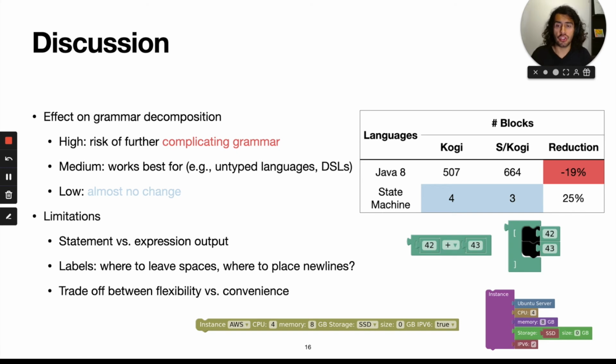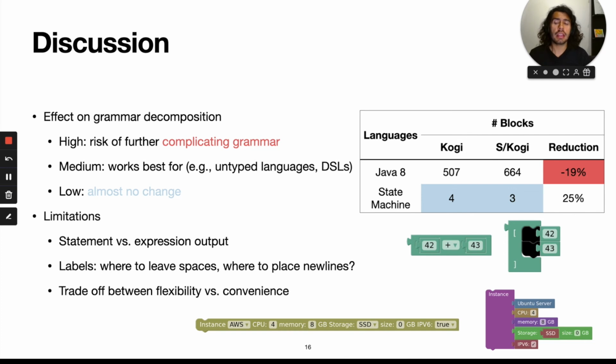For instance, for Java 8, we tried to apply Kogi, but we ended up with a programming environment that contained even more blocks than before. This is something that still needs to be studied, why this is the case. We noticed that for Java 8 it is mainly because there are many optional productions in the grammar, so that makes it a little bit harder.